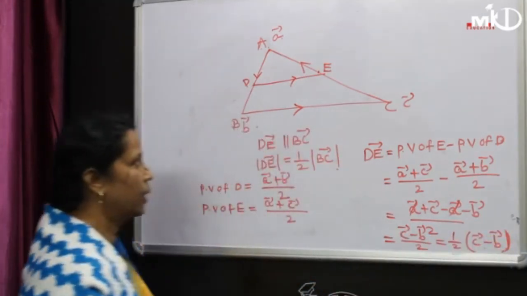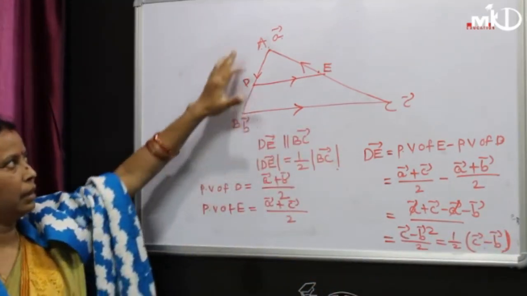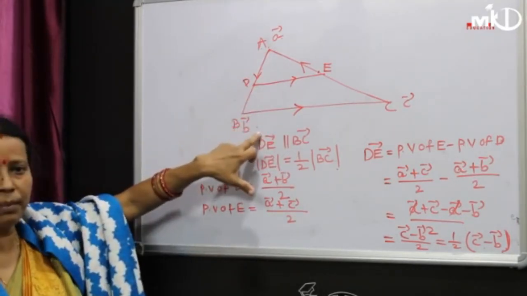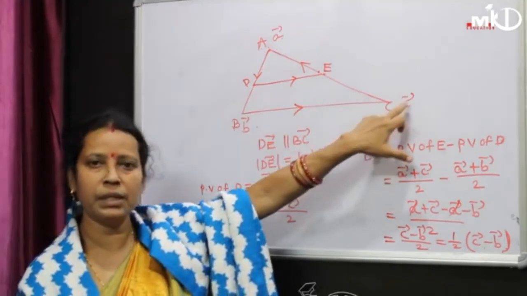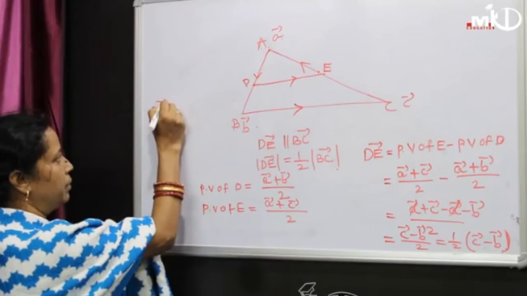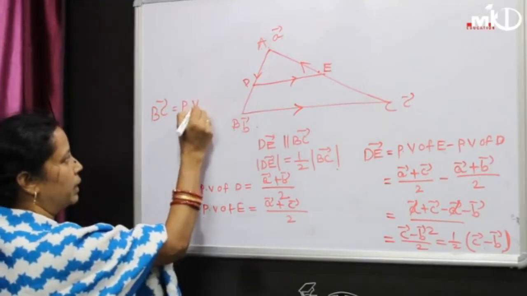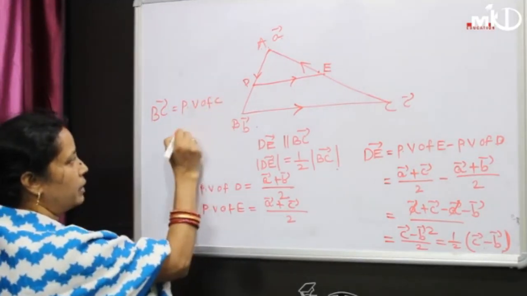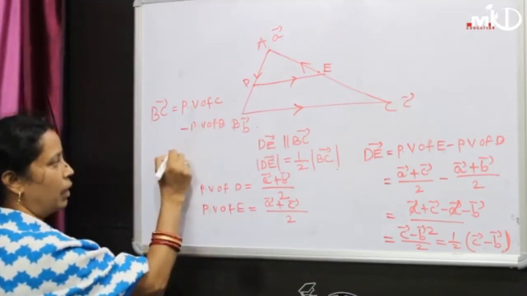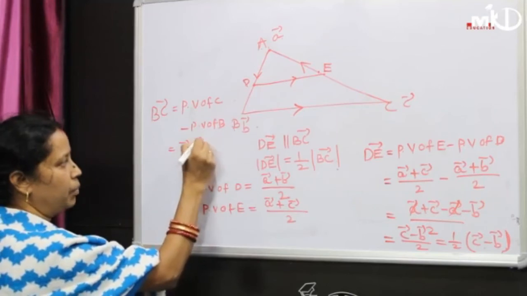Now in the triangle ABC, the position vector of B is B bar and the position vector of C is C bar. So the vector BC is equal to the position vector of C minus the position vector of B, that is C bar minus B bar.